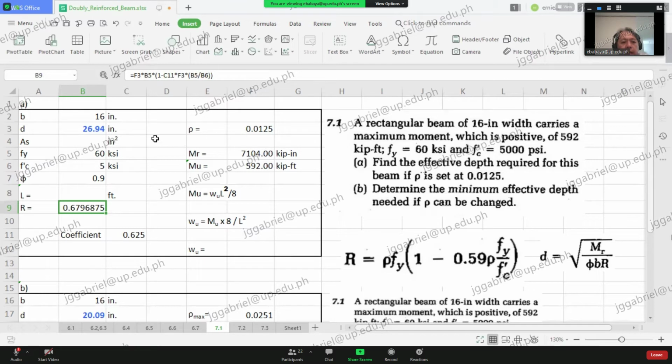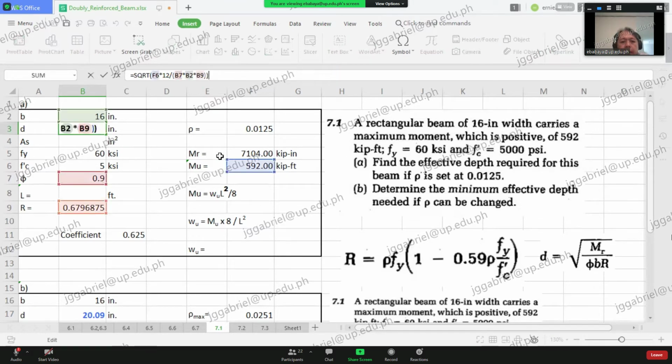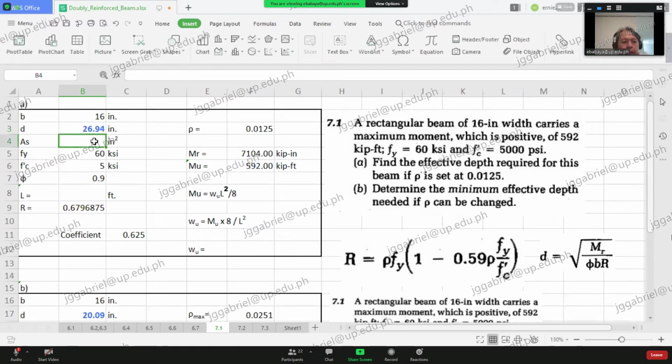Now we're ready to compute for our D, which is the square root of MR all over phi multiplied by B, the width, times the computed R. And you get 26.94 inches.